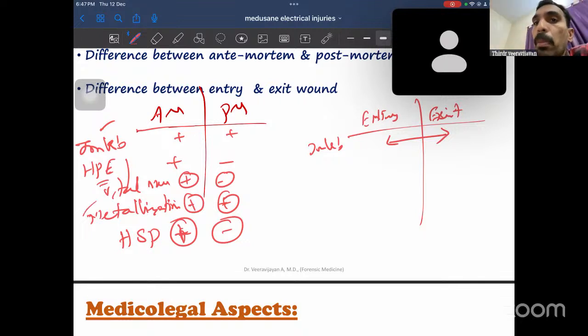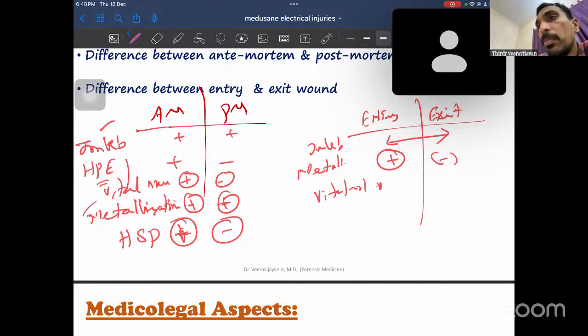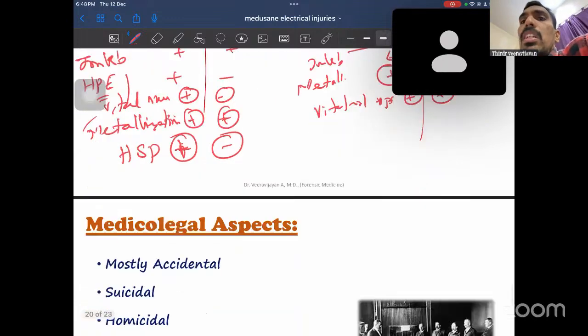Again, metallization will be present only in the entry wound, not in the exit wound. So vital reaction and HPE findings will be seen in both entry wound and exit wound. These are some peculiar points we have to remember.